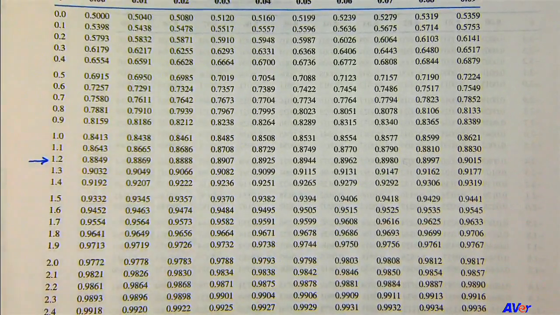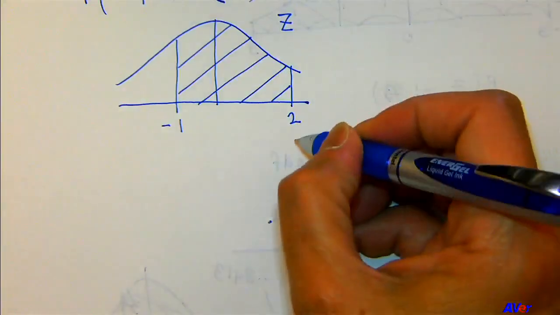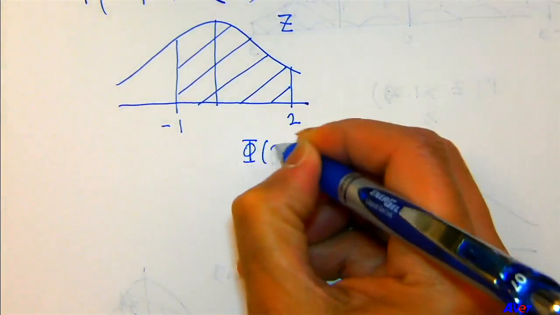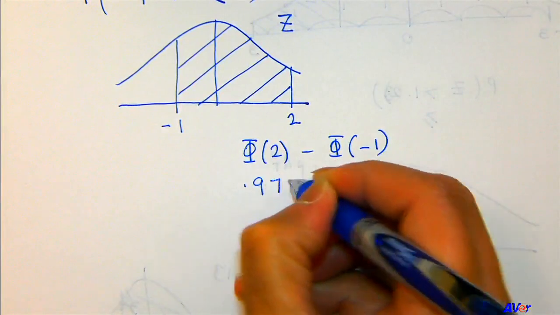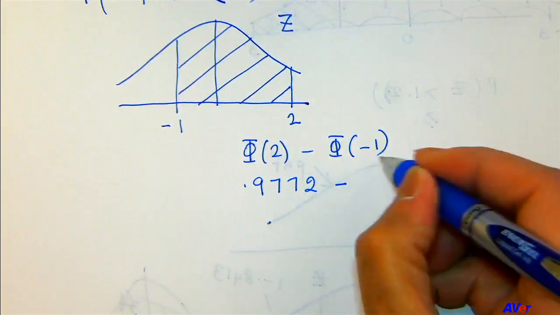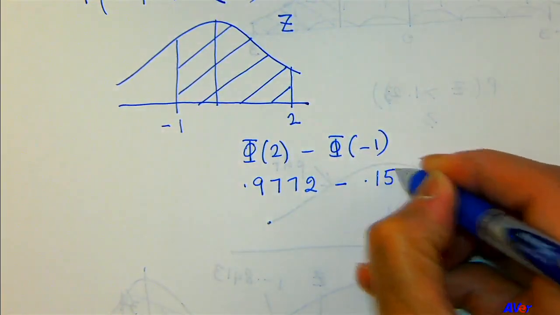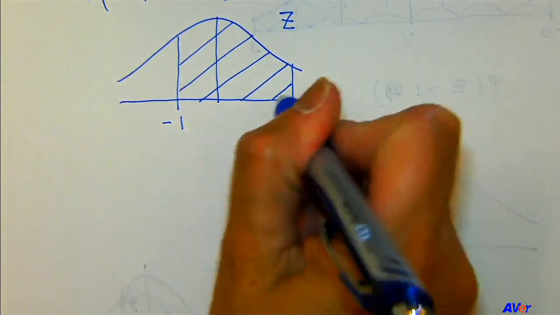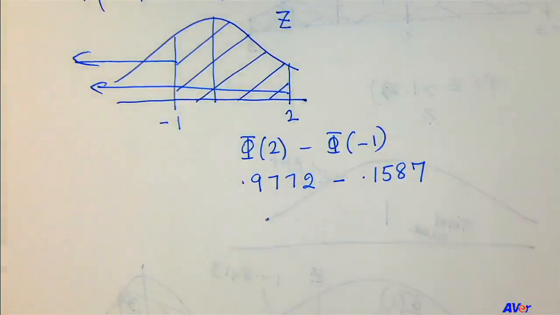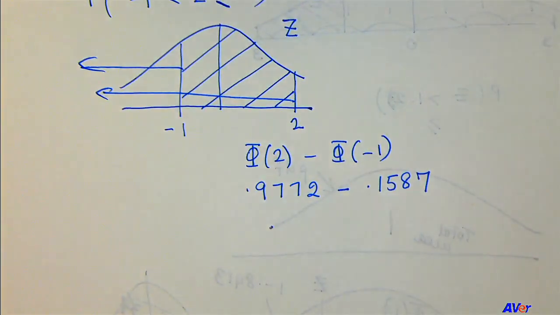And this one is saying 97.72, so I'm pretty close. So phi of 2 minus phi of minus 1. 0.9772 minus phi of minus 1, which was 0.1587. We just did that. So you do this and that's your answer. It's this minus that. Get it? Okay, so let's move on.